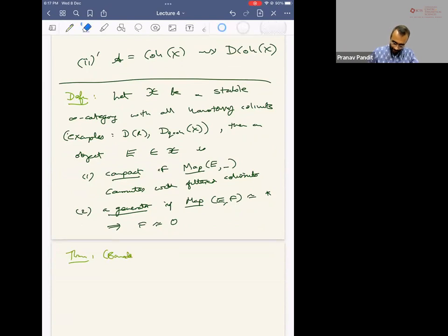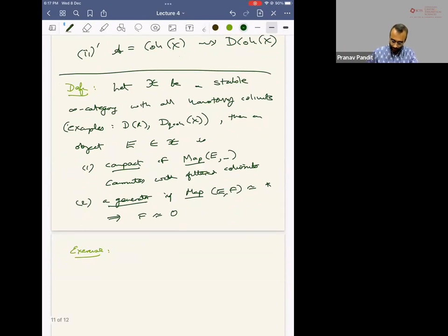Okay, so actually before I state the theorem, maybe let me state a fact, an exercise maybe even, if you know what these words mean. If you know what a stable infinity category is, or if you just read the definition, you can attempt this exercise.